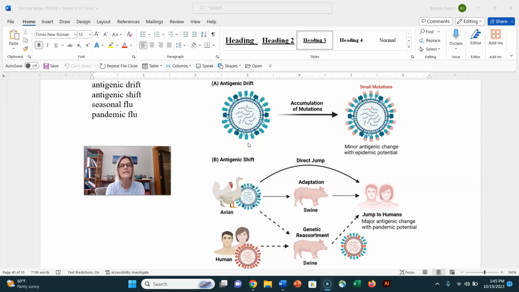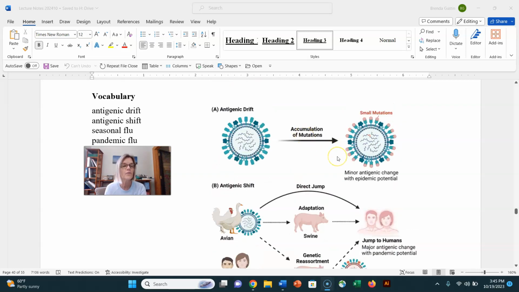And so what happens with antigenic drift is a gradual accumulation of mutations. Every time that virus is copied inside of a cell, there's a chance a mutation is going to occur in the genome, and it's going to cause changes in these spike proteins. Over time, you can imagine many people are infected with virus.